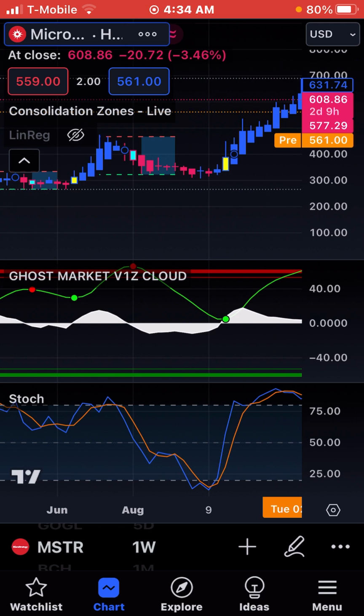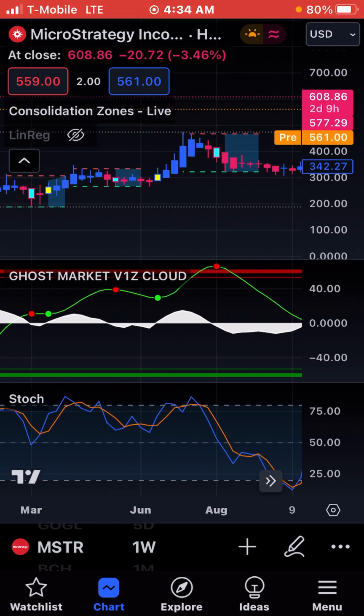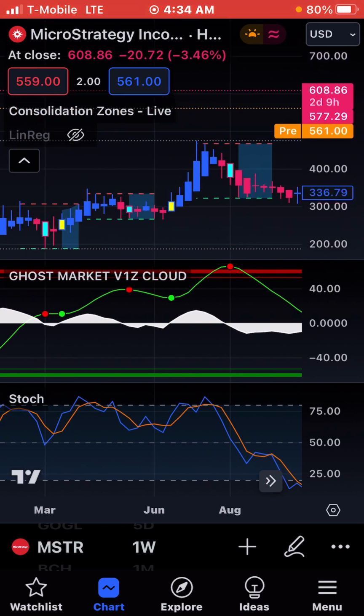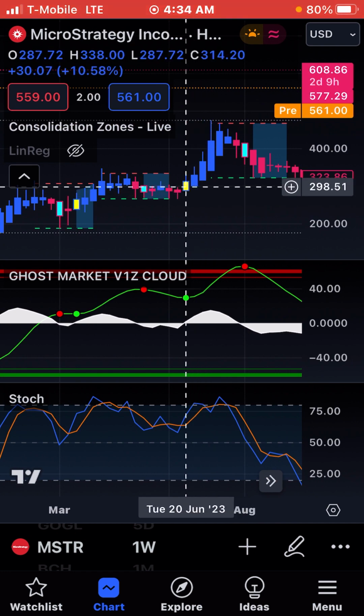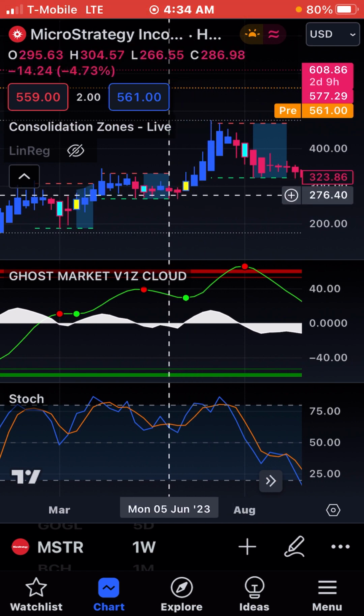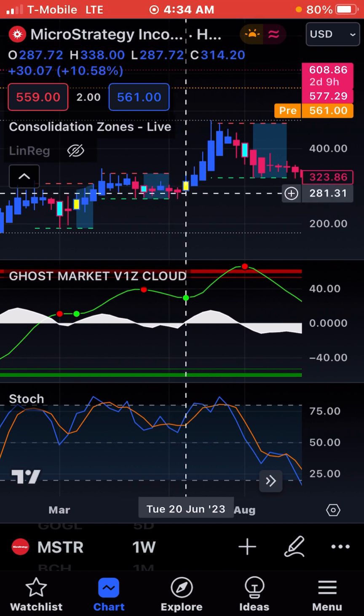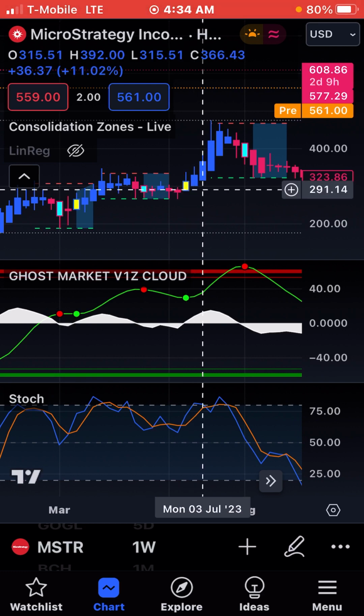Anyway, I'm getting off the topic there, but if you keep following this strategy, you look for the yellow candle here, you see it shift from down to up, and you see the green dot.